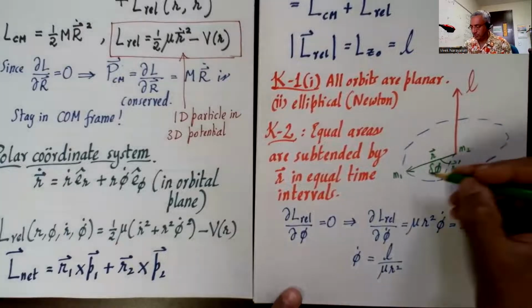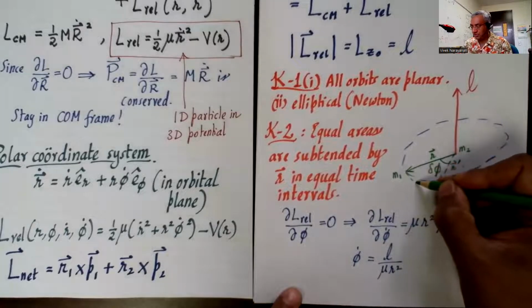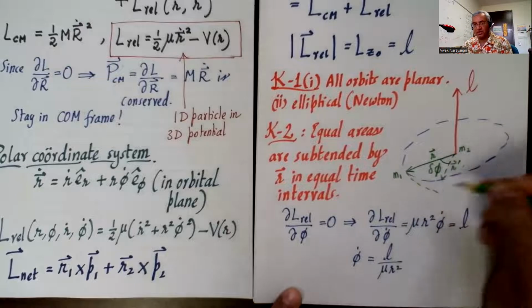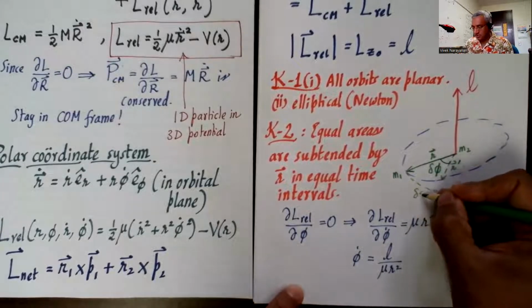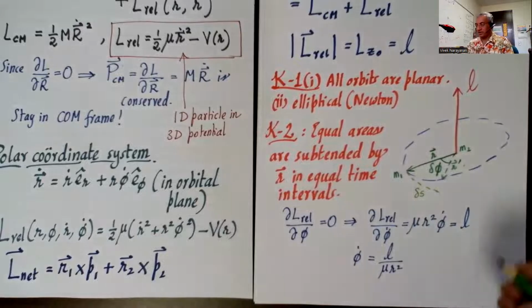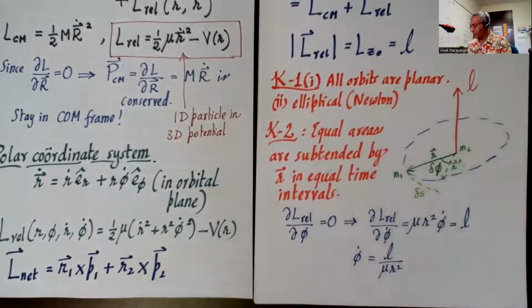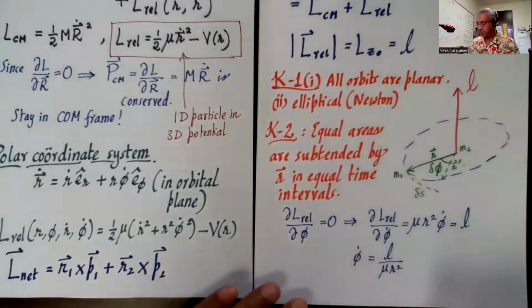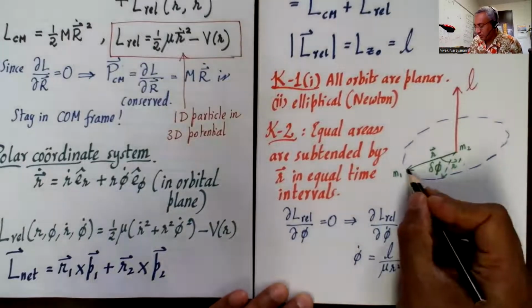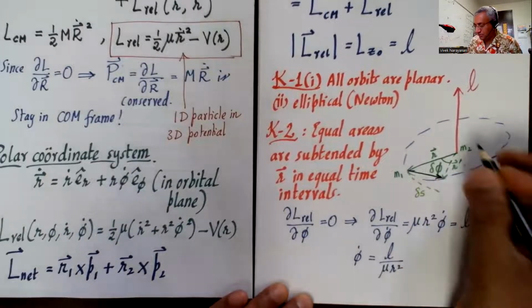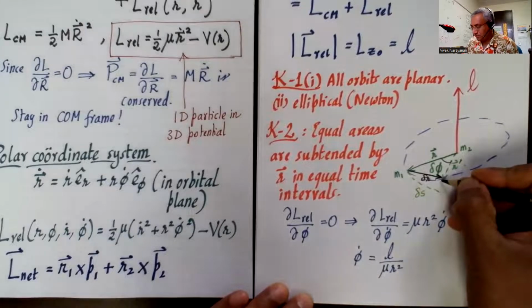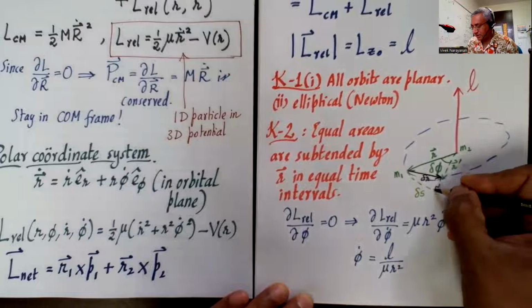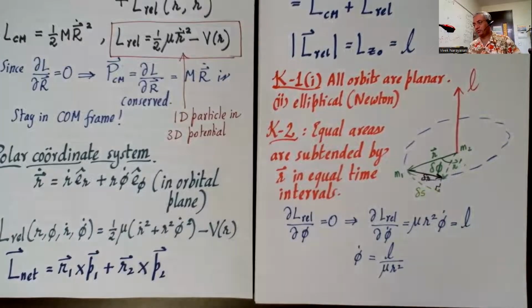It could be an ellipse, for example. But in that short period, delta S would be a continuation of that. And so delta r, which is the completion of this triangle, would look like this. In that small interval, you can assume that to be a right angle triangle.